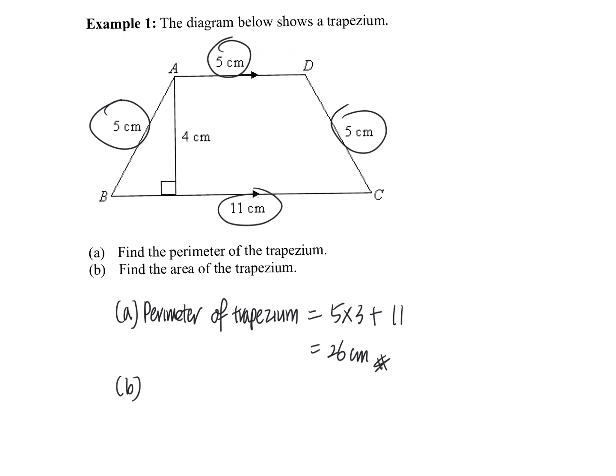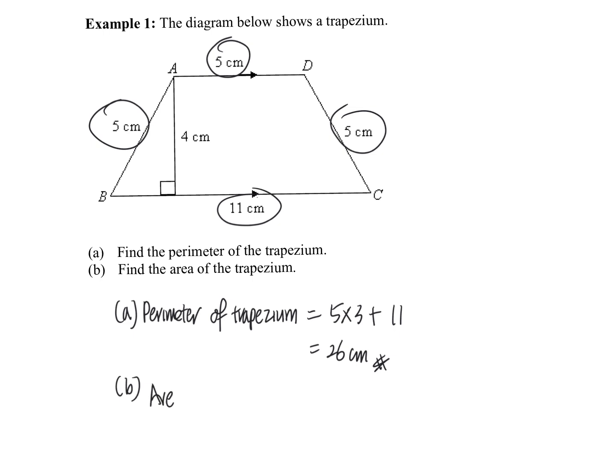Rizka, can you help me with the area of trapezium? Just now we already figured out there is half times A plus B times height. The A plus B is the sum of the parallel lines. Okay, let me write like that.